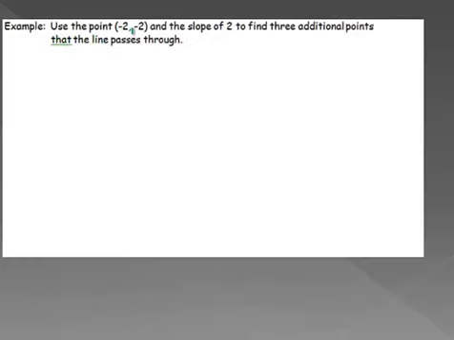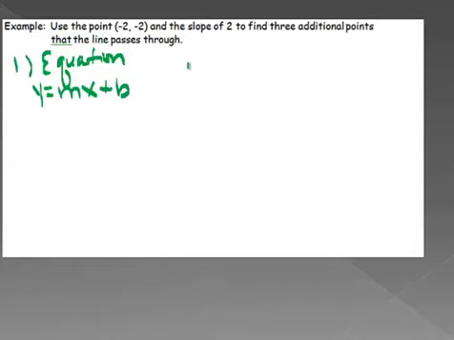Use the point -2, -2, and a slope of 2 to find 3 additional points. Well, what you're going to want to do here is first come up with an equation. And you can do y equals mx plus b. Slope-intercept. I'm going to pick point slope because I like that one better.